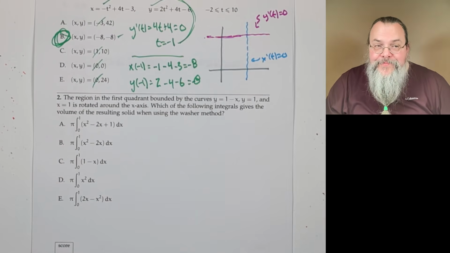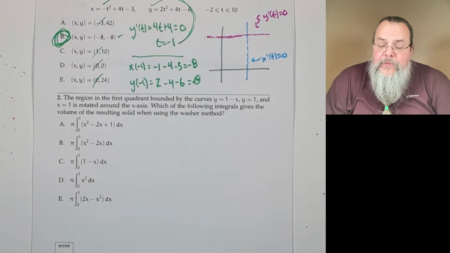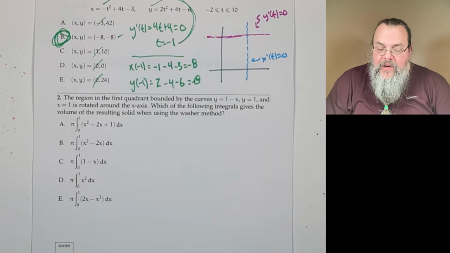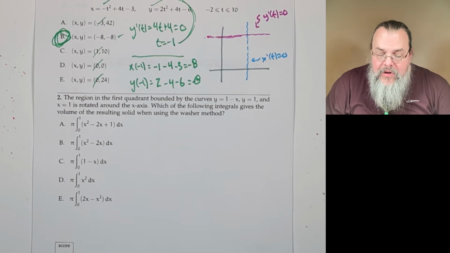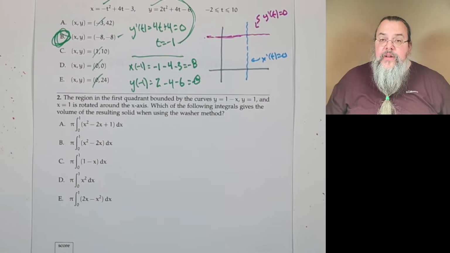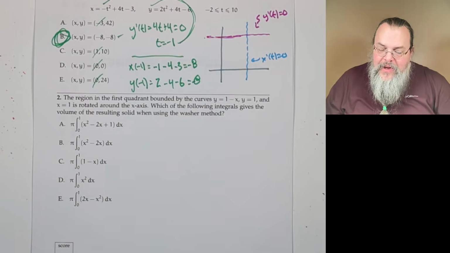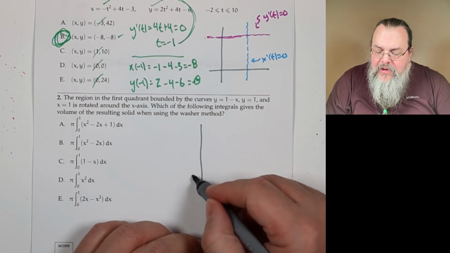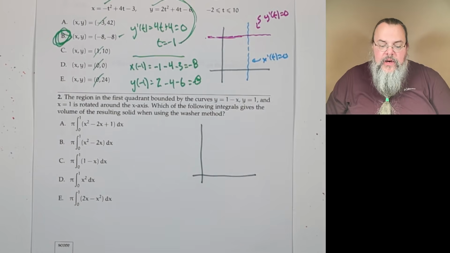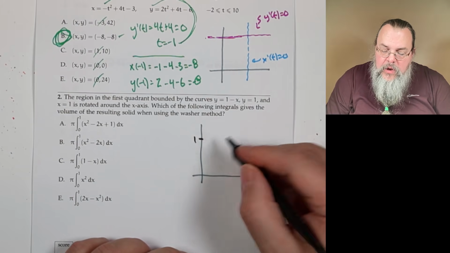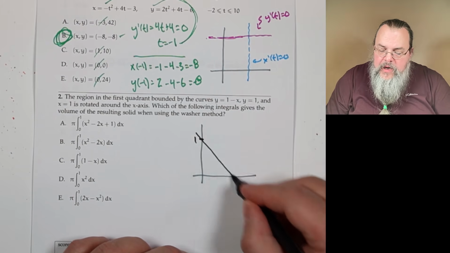Number 2. The region in the first quadrant bounded by the curves y equals 1 minus x, y equals 1, and x equals 1 is rotated around the x-axis. Well, let's actually draw this because it's hard to see what's going on without a picture. Now, y equals 1 minus x is going to intersect here at 1 and have slope minus 1.